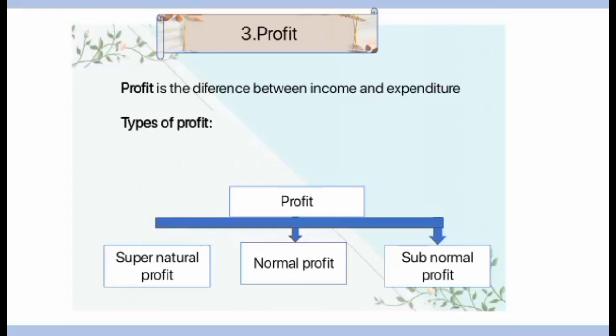Okay, let's proceed to profit. Profit is the difference between income and expenditure. From the income that we have minus the cost of expenses that we have, we gain profit, but it still depends. We have types of profits. The first one is supernormal profit, normal profit, and subnormal profit.